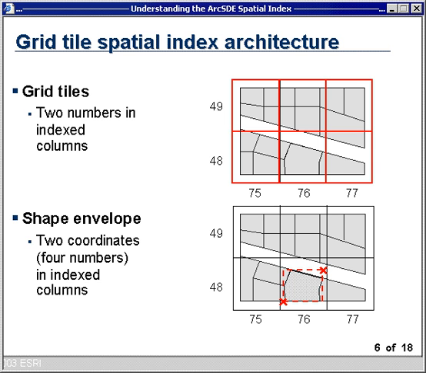So whereas you may have one shape and one set of attributes of that shape, if that particular shape's envelope crosses multiple tiles, you may have multiple records that refer to that particular feature. So this is 2 coordinates, or 4 actual numbers, the minimum x and y and the maximum x and y for each shape's envelope. So that makes up the next 4 columns in our spatial index table.